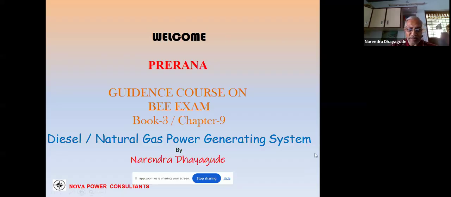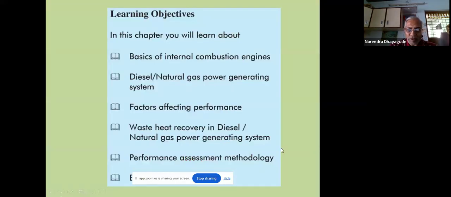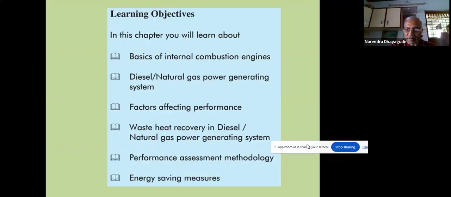So this is on diesel and natural gas power generating systems. As per the book, the chapters are basics of internal combustion engines, diesel and natural gas power generating systems, factors affecting performance, waste heat recovery in diesel natural gas power generating systems, performance assessment methodology, and energy saving measures.